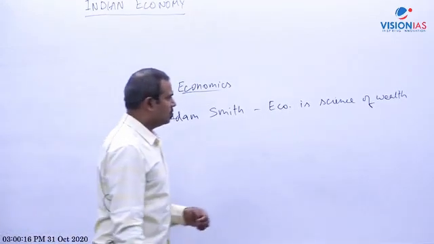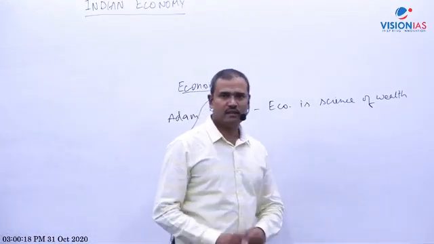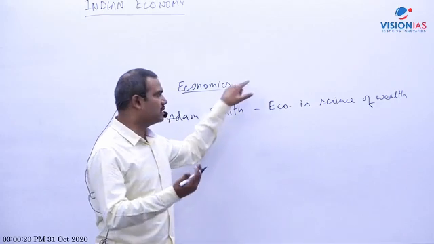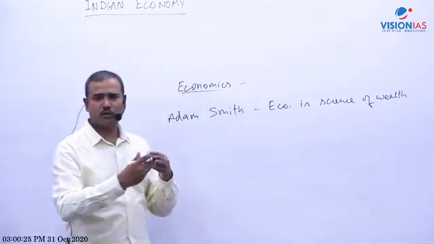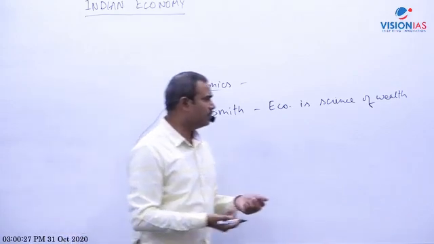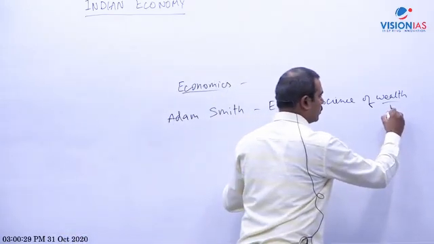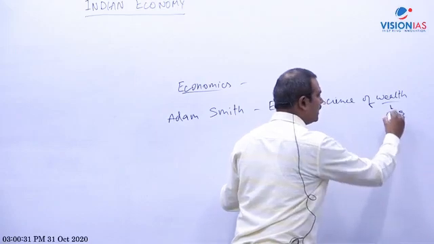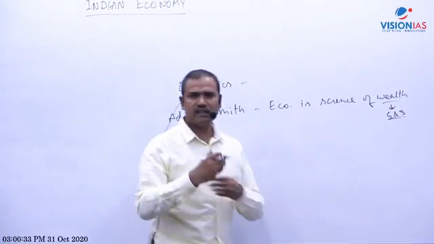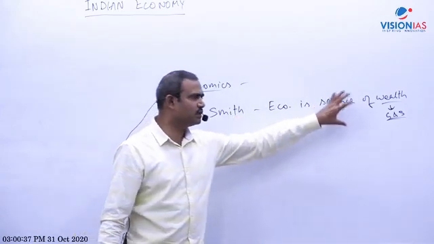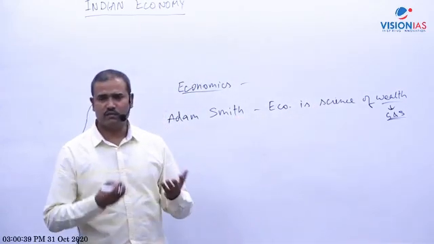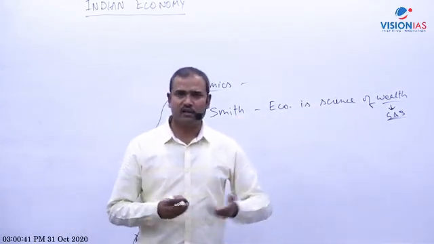Okay, so what is the meaning of wealth here? Actually, wealth here means goods and services. Just like I told you, it deals with production and distribution of goods and services. Because we produce goods and services, we create wealth. So wealth creation means production of goods and services. So economics is the science of wealth, meaning mainly the production process, wealth creation, is studied in economics.